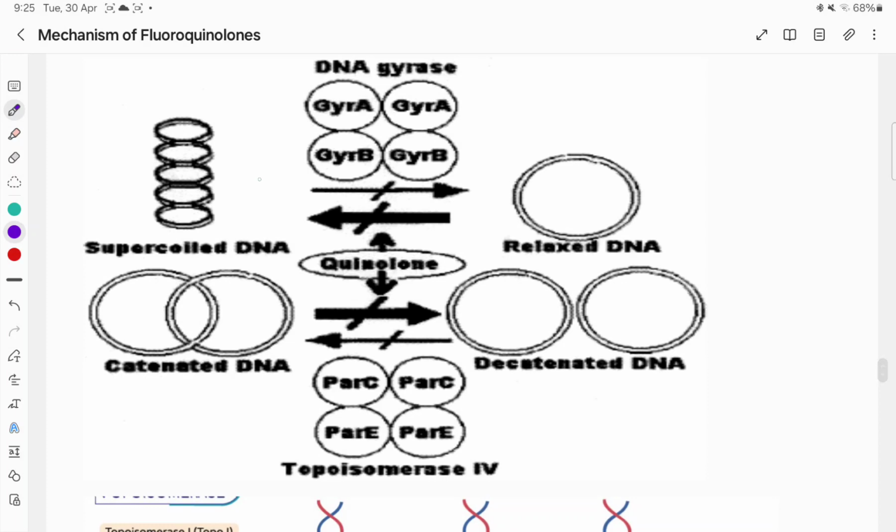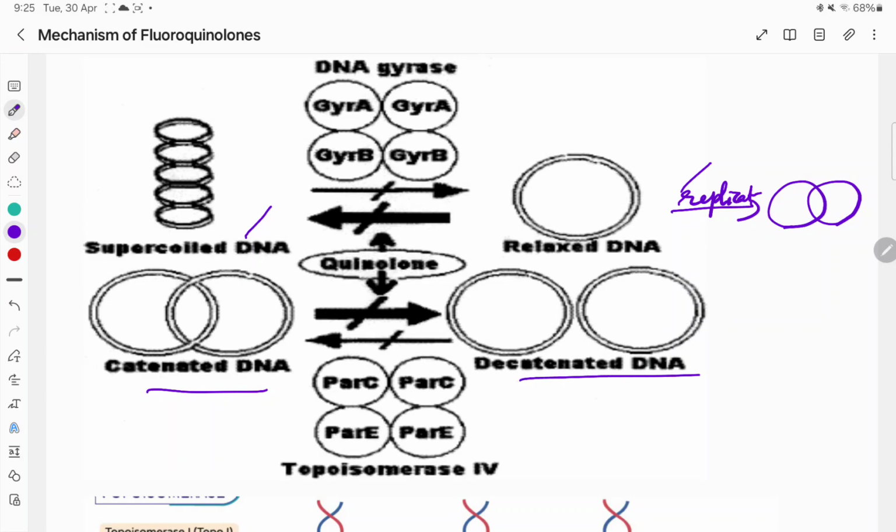So DNA gyrase converts this supercoiled DNA into relaxed DNA so that it can undergo replication, and during the replication we can get two daughter DNAs which are catenated, and that catenated DNA will be converted to two separate daughter DNAs, or decatenated DNA, by topoisomerase 4.